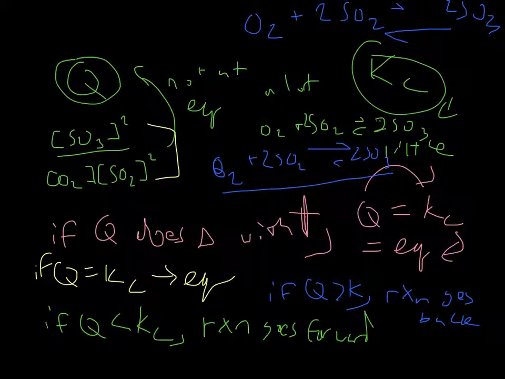So there you have it, an introduction to K, the reaction quotient, and Q. I usually use Q instead of Kc for most of my work because you usually don't know for certain if it's at equilibrium or not. But there you go, Q and Kc.